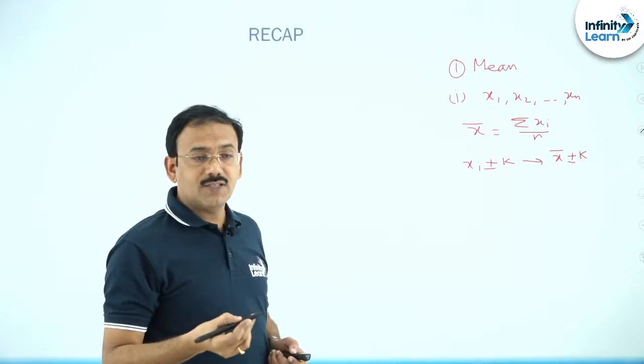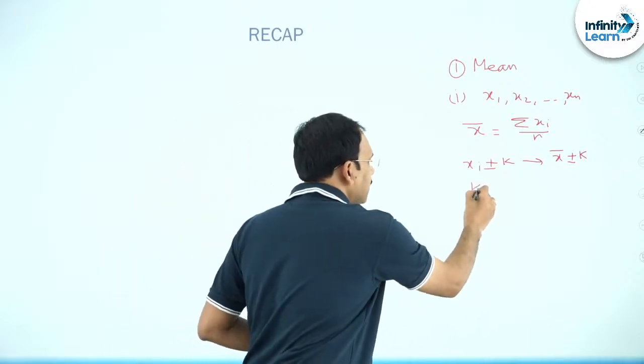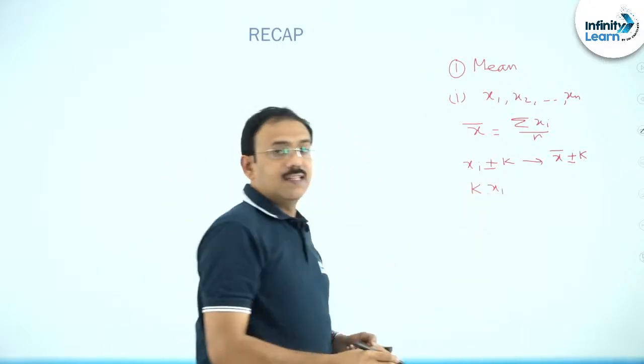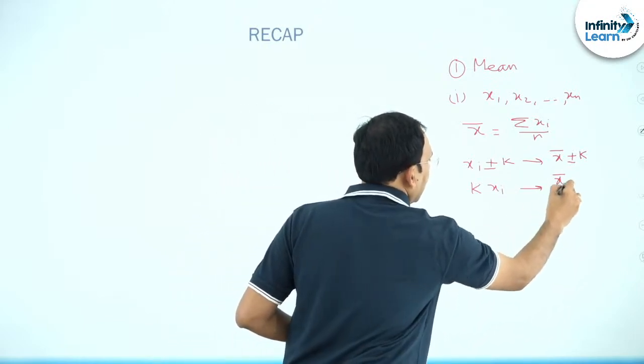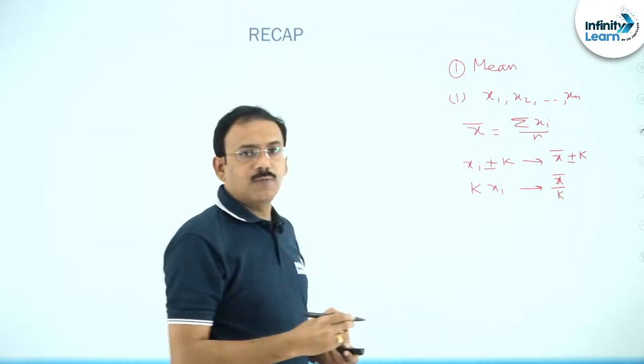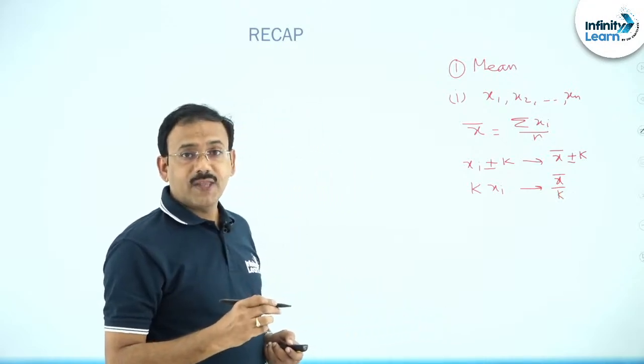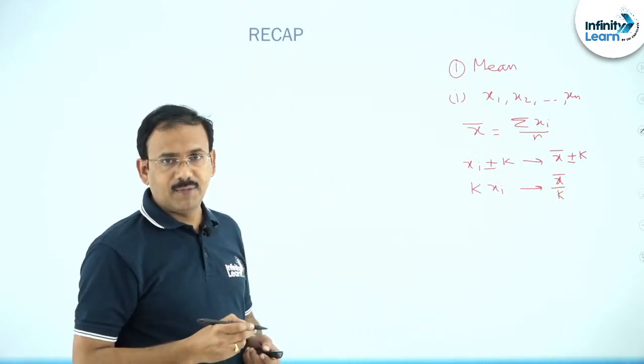If each entry is multiplied by k, then the new average is going to be k times x bar. This point is going to be helpful for us in further coming problems.